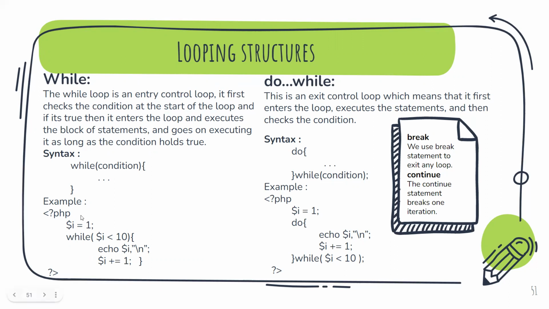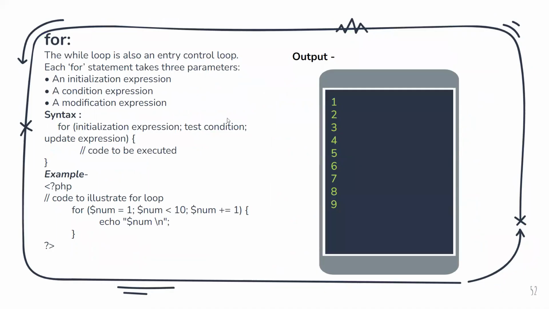And this is a sample program for printing all the elements from 1 to 9. The same can be achieved using a do while loop as well. Then going to the for loop. The for loop is also an entry control loop, because at the beginning itself we check whether the condition is true. This is the syntax of the for loop.